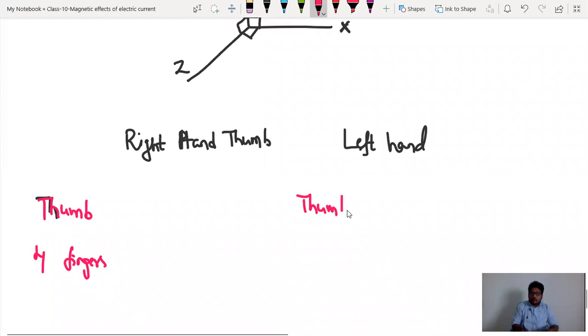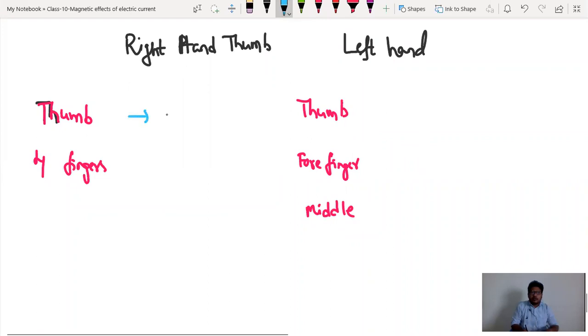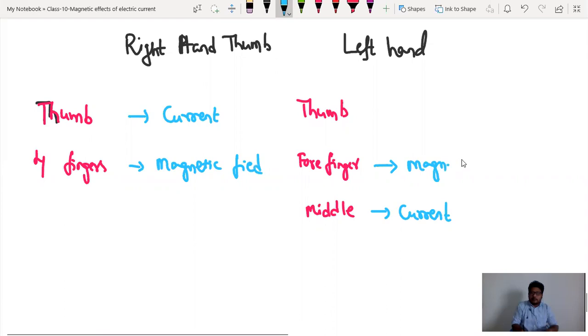You have thumb, forefinger or index finger, and middle finger, right? In the right hand rule the thumb is indicating current. But here the middle finger is indicating current, and the forefinger or index finger is indicating magnetic field.